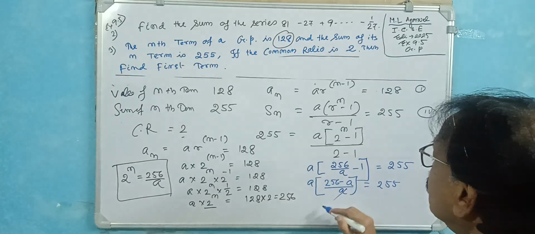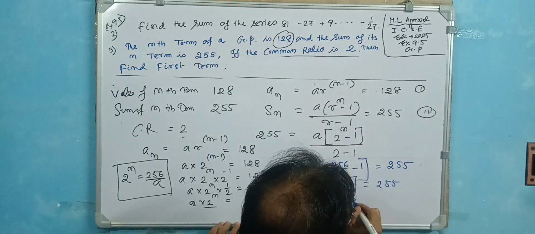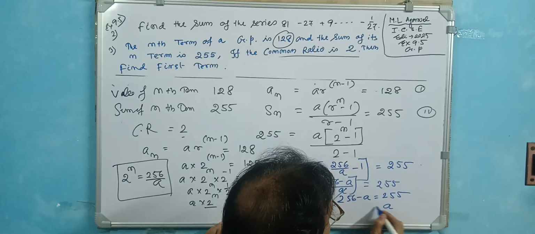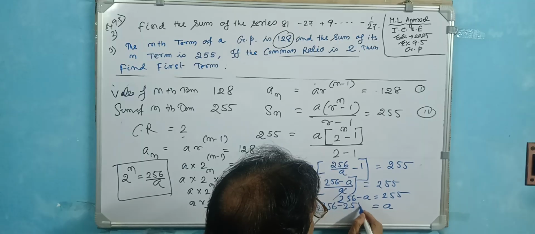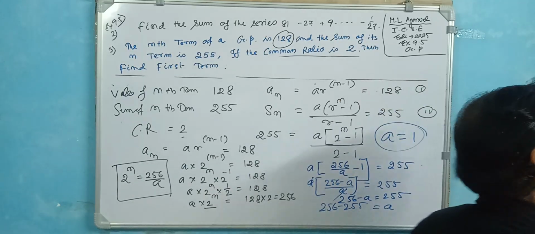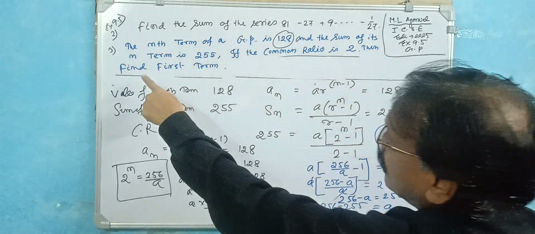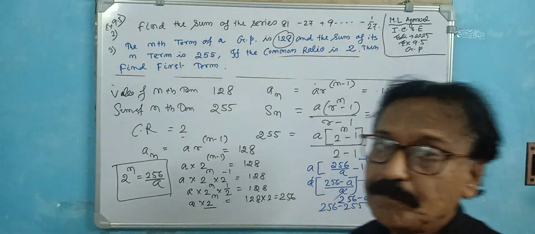If you just cut it, now 256 minus a is equal to 255 a, you just shift a. So 256 minus 255, what is the value of a? a is 1. You get the value of a is 1. If the common ratio is given, then find the first term. The value of a is 1.